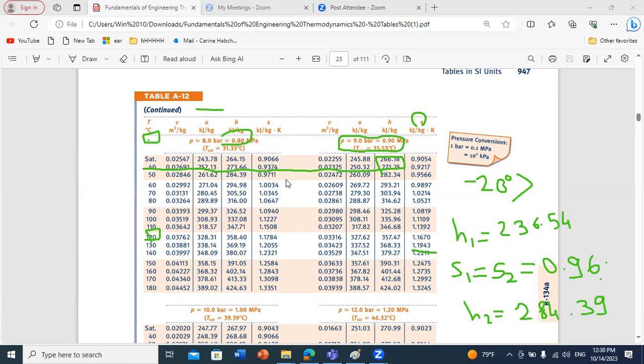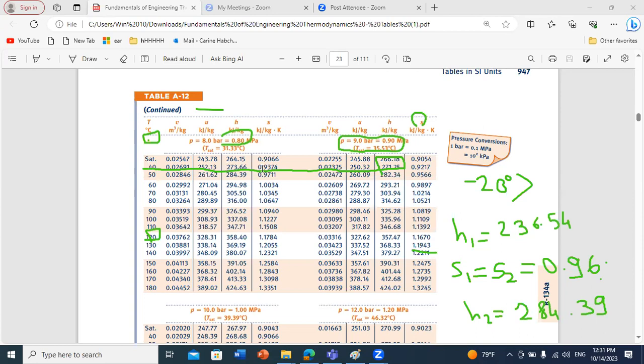Now I will consider, if you want, that it's isentropic, so I will stick to this value. And in case the temperature is given, you can just update the value of H and take 284.39. Now, in case S1 equals S2, to get the value of H2, you interpolate between 40 and 50.